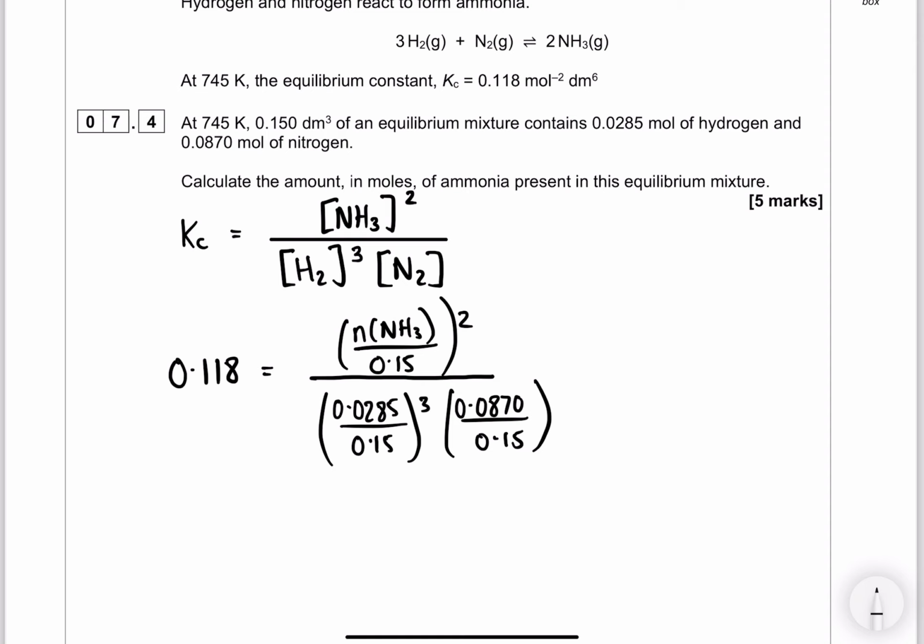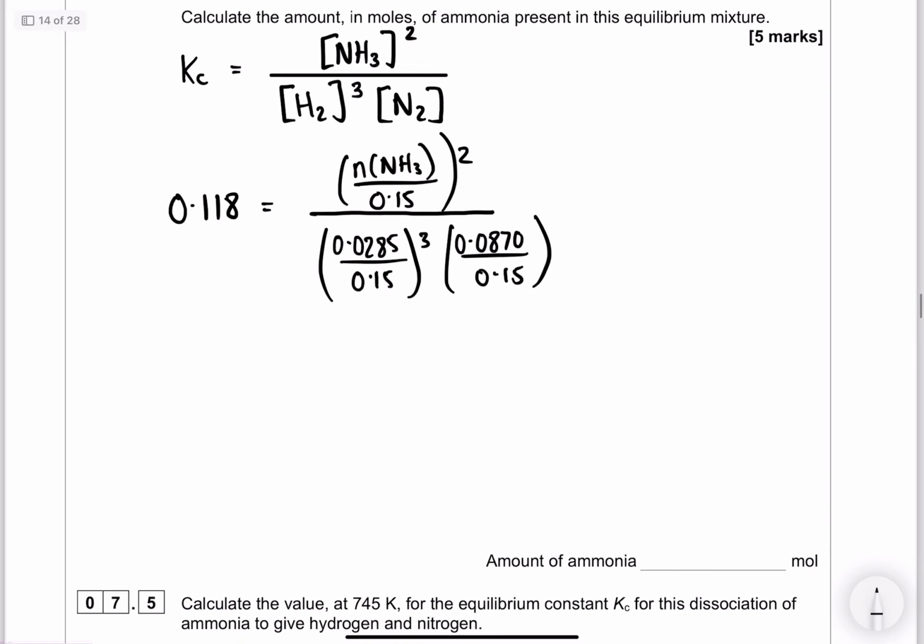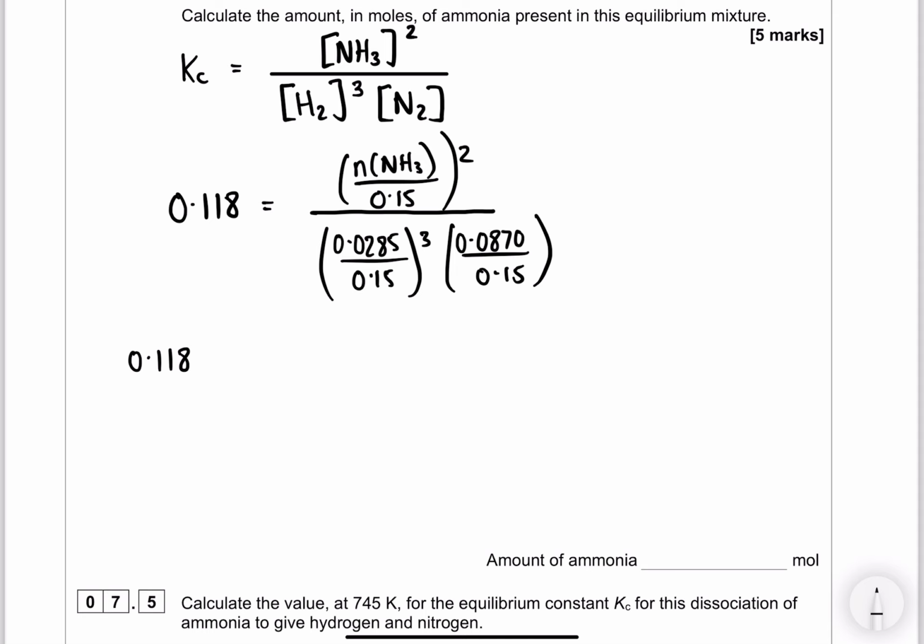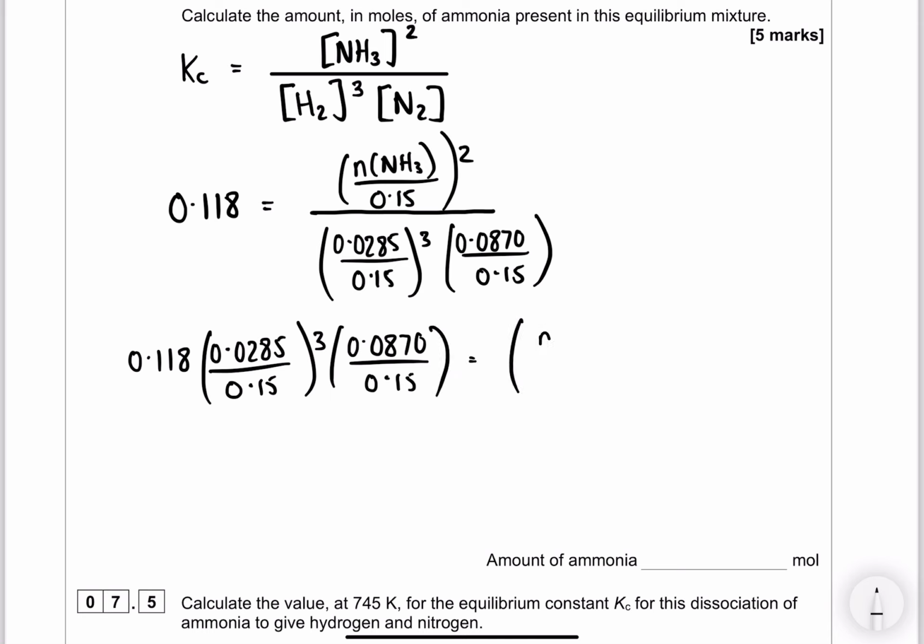Now what we've got is essentially just a maths problem. So I'm going to first of all multiply 0.118 by 0.0285 over 0.15 cubed, 0.0870 over 0.15, and that is going to give me the moles of ammonia divided by 0.15 all squared.